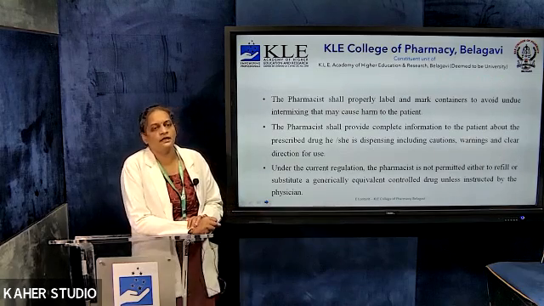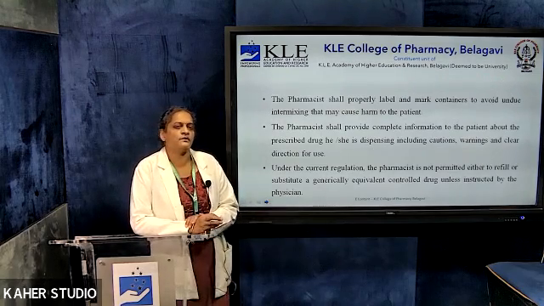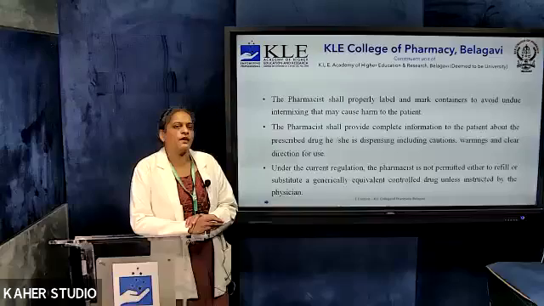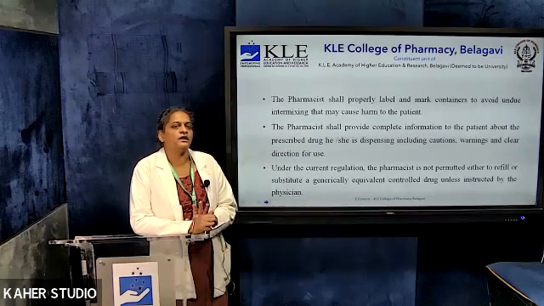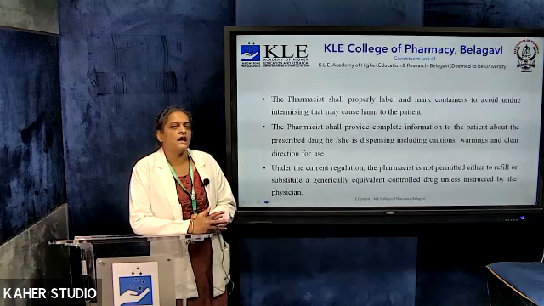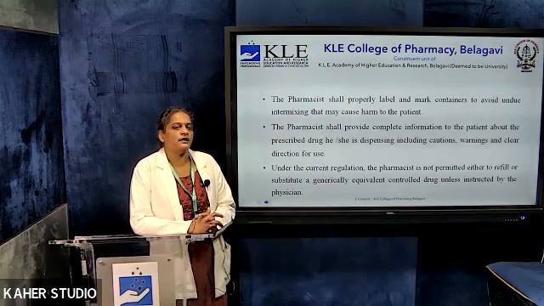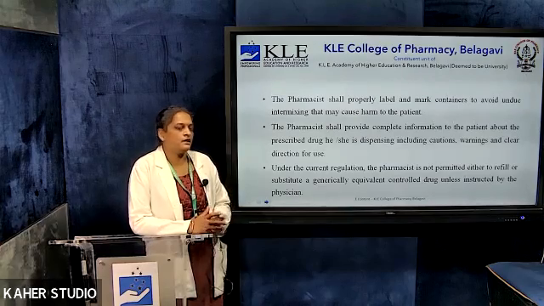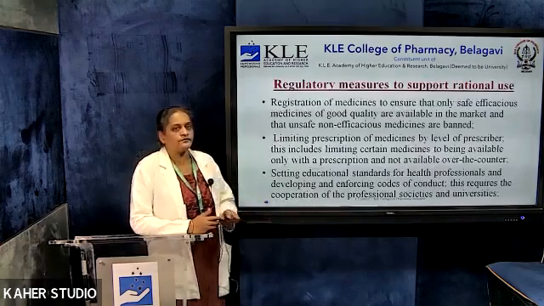Mainly it happens with cytotoxic drugs for cancer patients. The pharmacist shall provide complete information to the patient about the prescribed drug being dispensed, including cautions, warnings, and clear directions for use. Under the current regulations, the pharmacist is not permitted to either refill or substitute drugs.